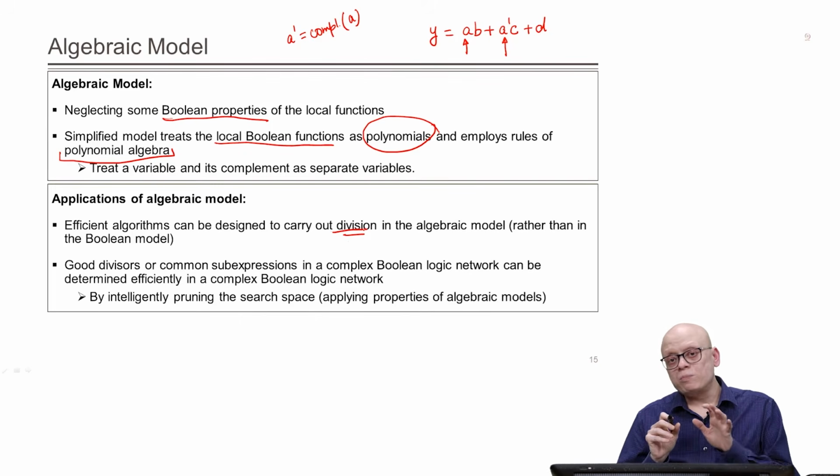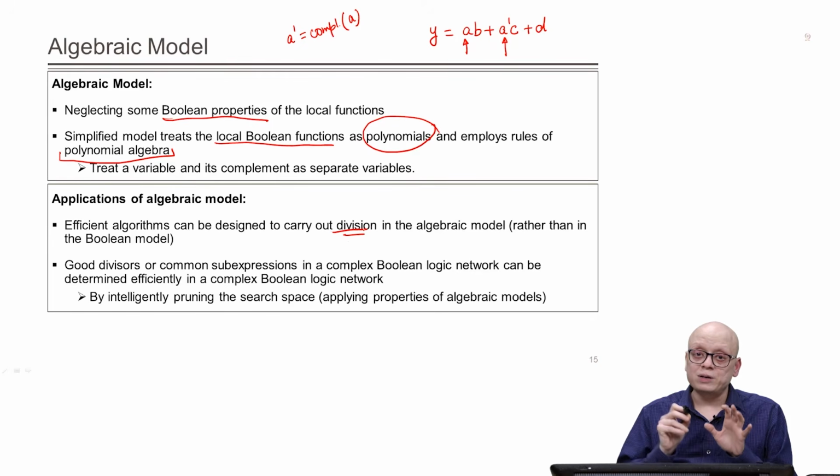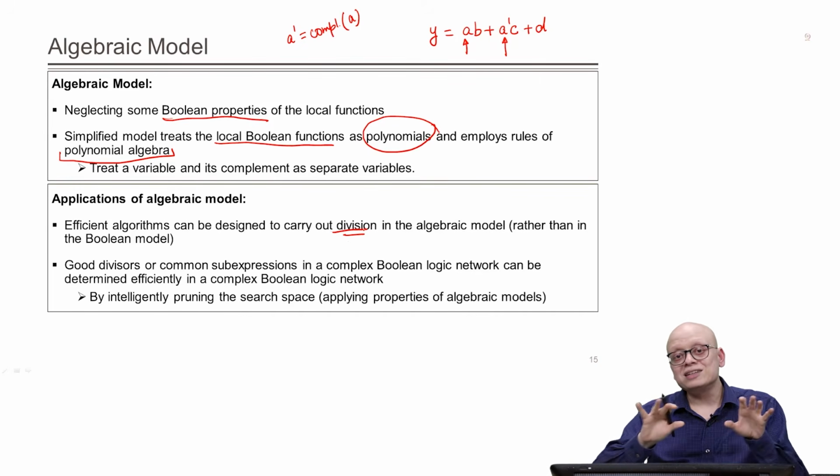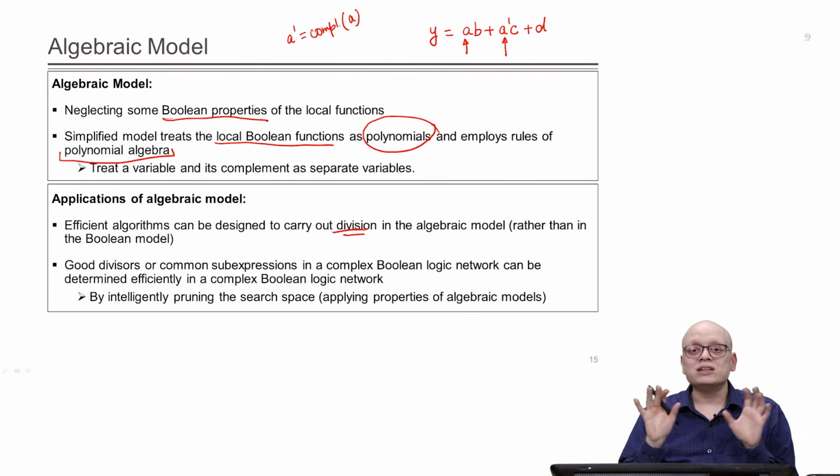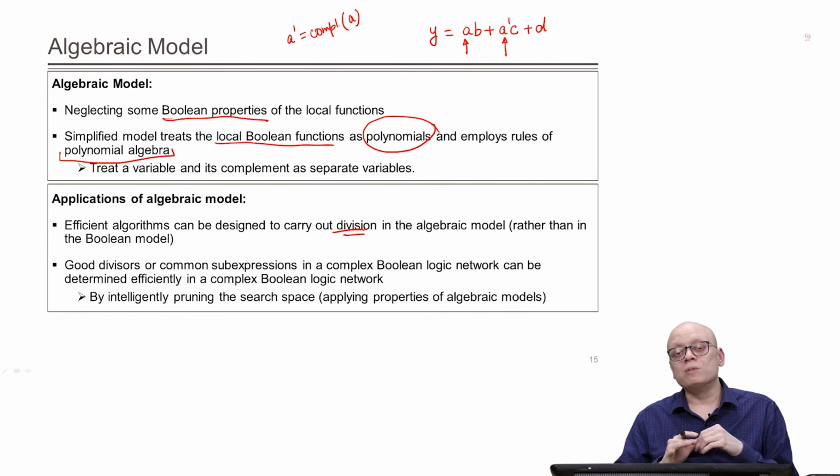Because there are some properties of the algebraic model that allow us to prune the search space. Just by looking at a few expressions, we can say whether there is a commonality between two expressions, or whether a common sub-expression can exist between two vertices or not.